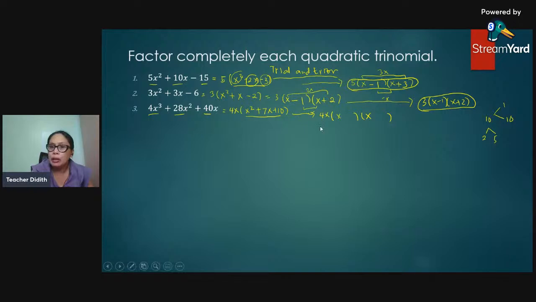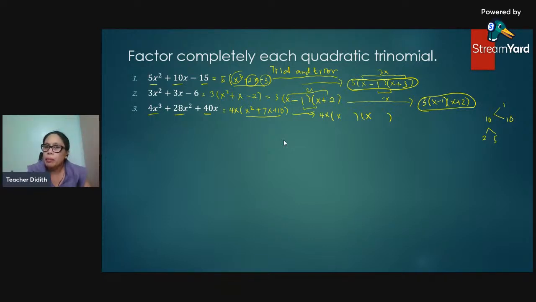Take note that the factors of a positive number are either a pair of negative or a pair of positive, because negative 2 times negative 5 equals positive 10, as well as multiplying positive 2 and positive 5 gives us positive 10 also. Since the middle term has a plus sign, we're not going to consider a pair of negative factors. So everything must be positive here.